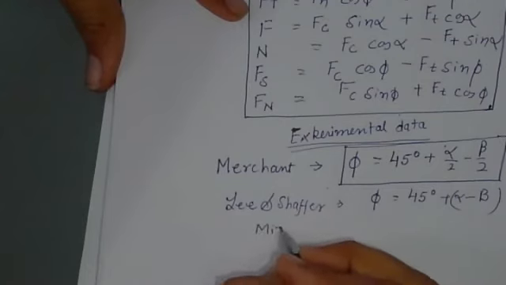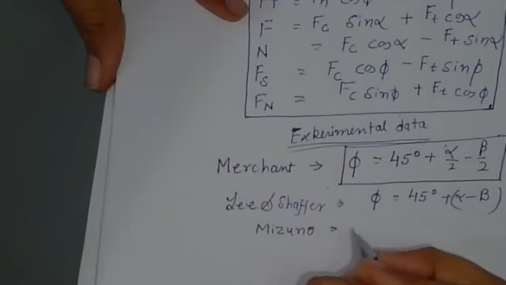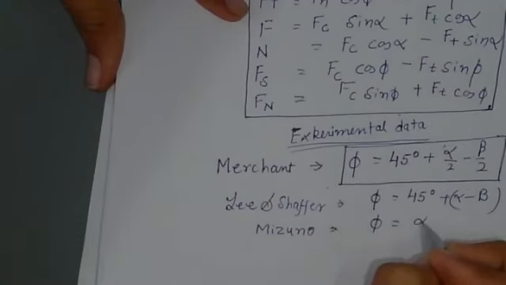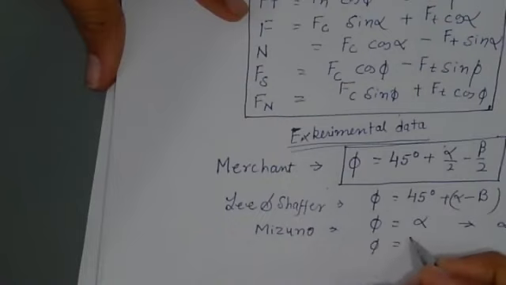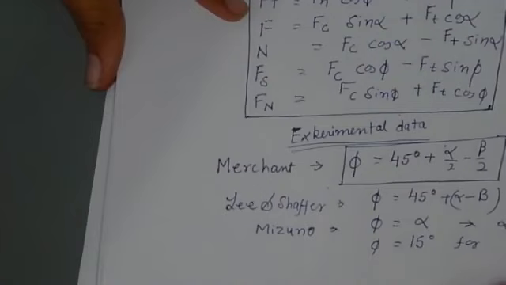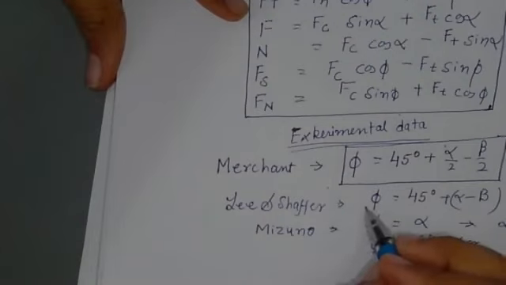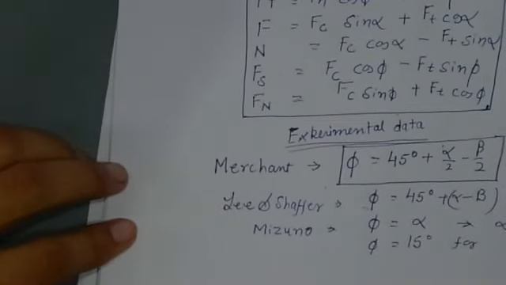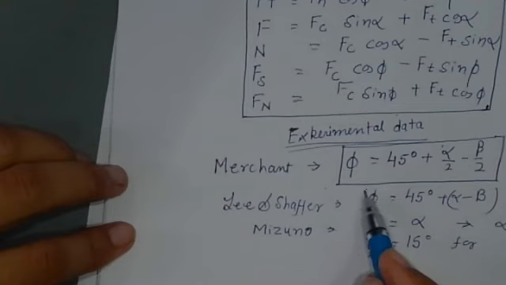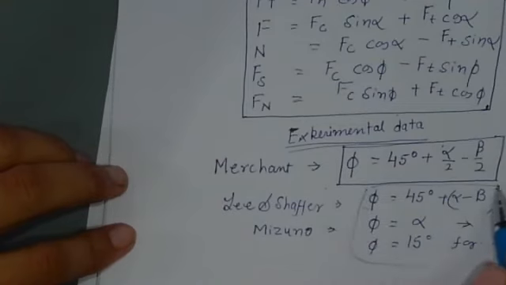And then one more: Mizuno has said that the shear angle phi is equivalent to alpha when alpha is greater than 15 degree, and shear angle is 15 degree if alpha is less than 15 degree. So that is how the shear angle can be determined using empirical laws, and there is no theoretical foundation for all three equations, but they have been determined using a number of experiments.